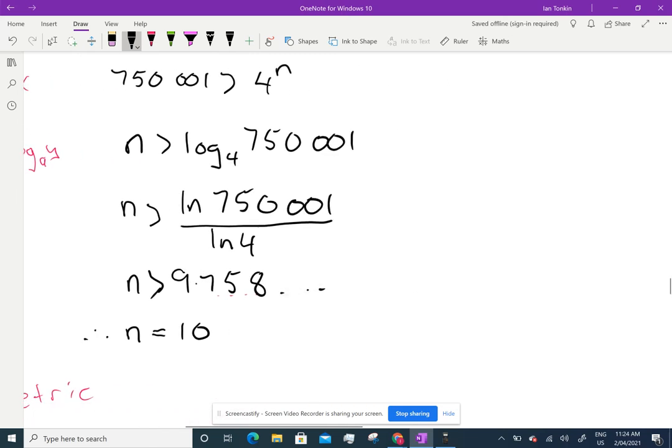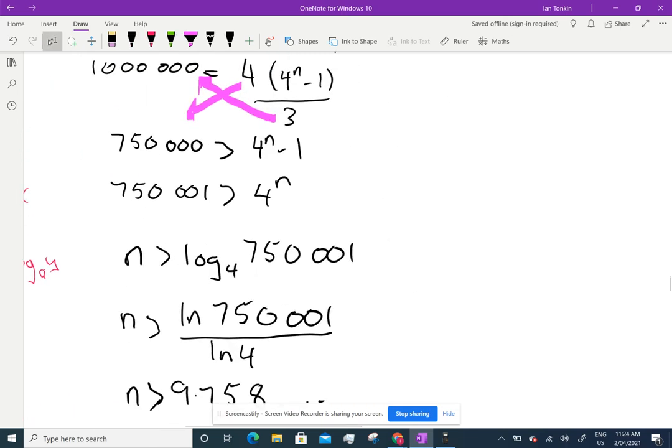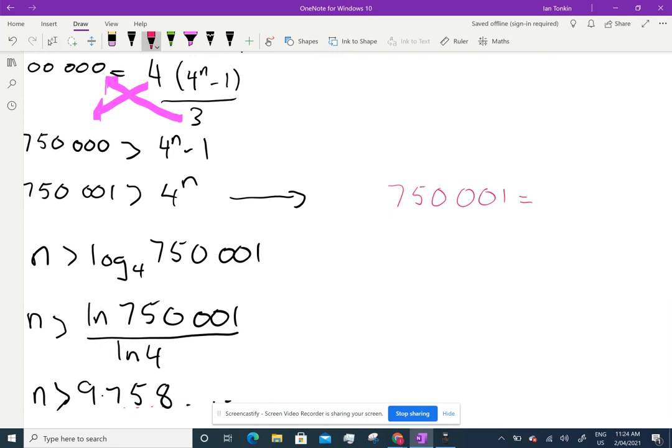Now let's just take this point here where we get to this stage, and I'll show you that alternate method. So let's just make it equal to make it easier in your mind, because people get a bit worried about greater than or equal signs, but you don't have to. 4 to the n. You can take the log, any log of both sides. So the easiest log to take, because taking the log is just an operation.